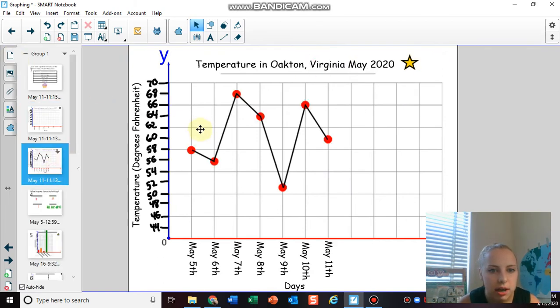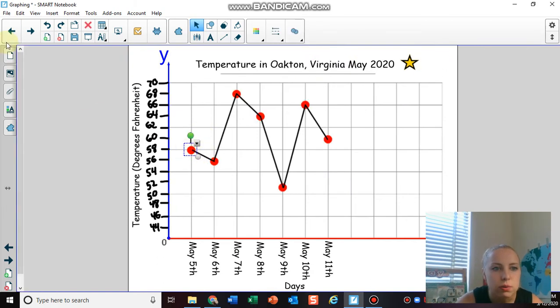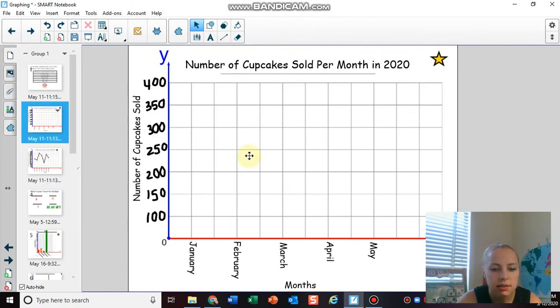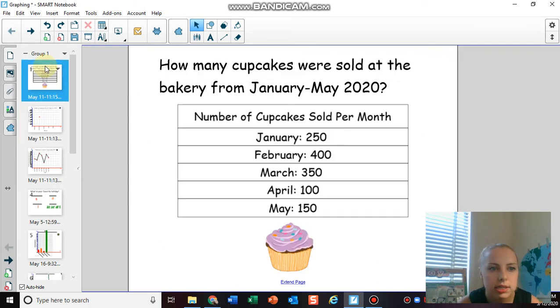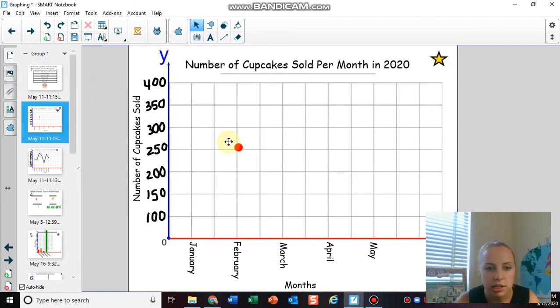Just like yesterday, we are going to use our little red dots to make our data points. Let's go back to our data chart and see how many cupcakes were sold in January. So, in January, how many cupcakes were sold? If you said 250, you're exactly right.